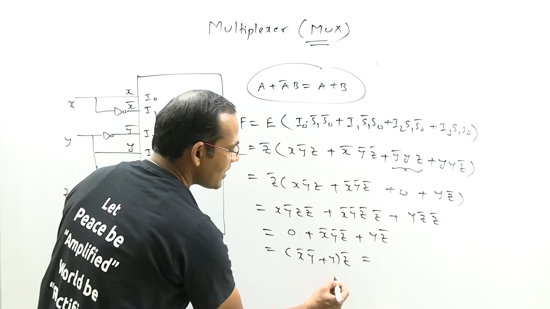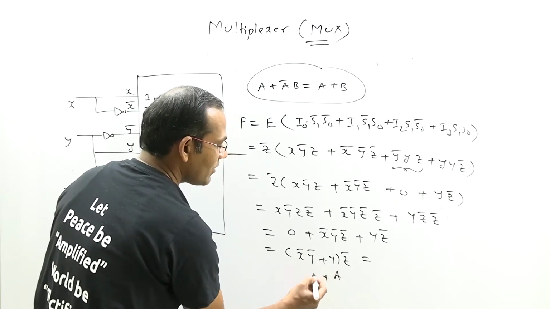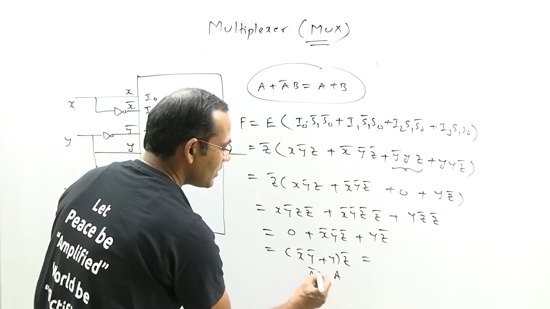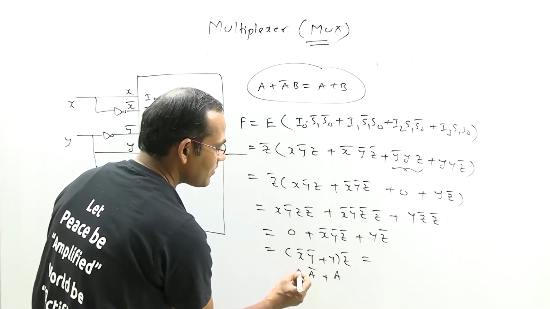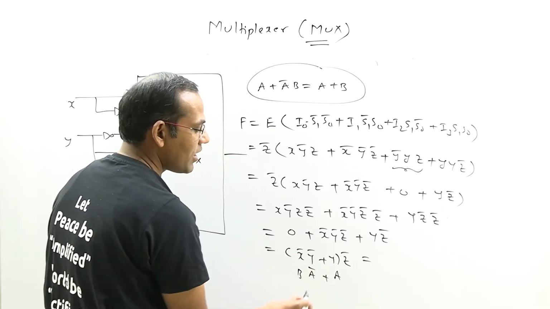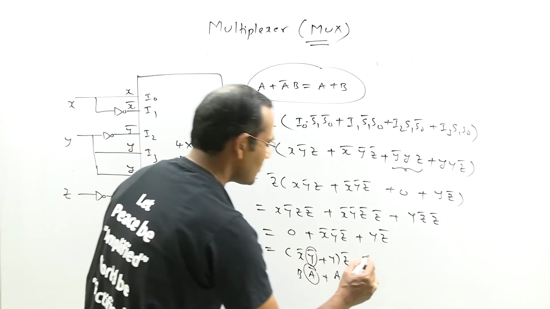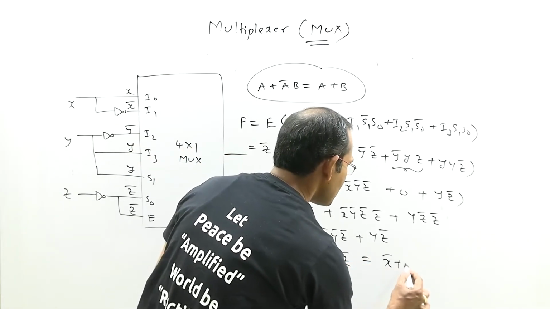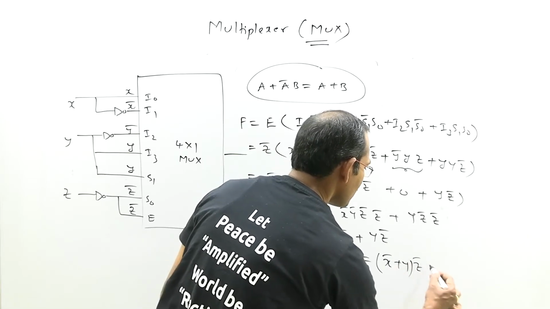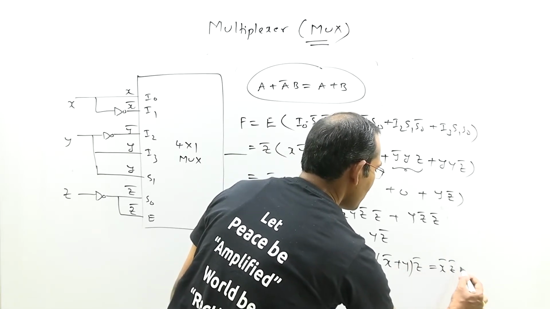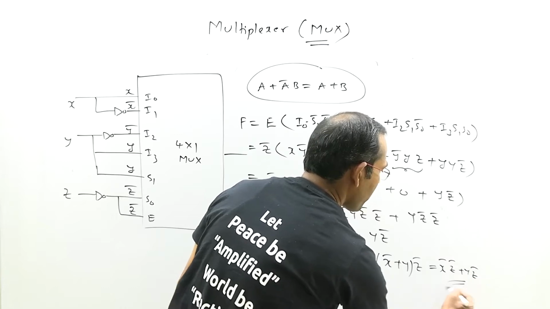If you think of y as a, y bar means a bar, and think of x bar as b, it is in the a plus a bar b format. So a bar will be cancelled, so y bar will be cancelled. So x bar plus y into z bar, so x bar z bar plus y z bar.